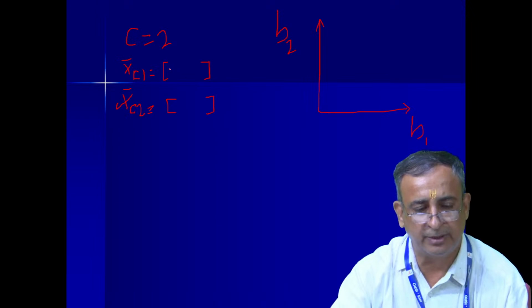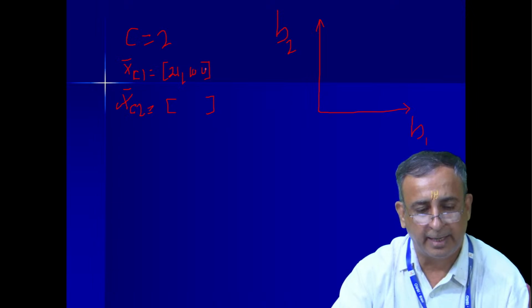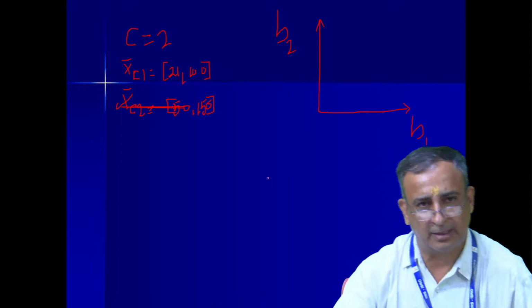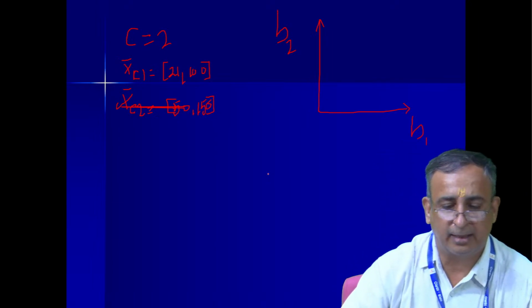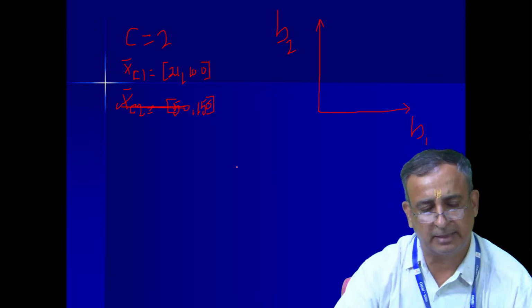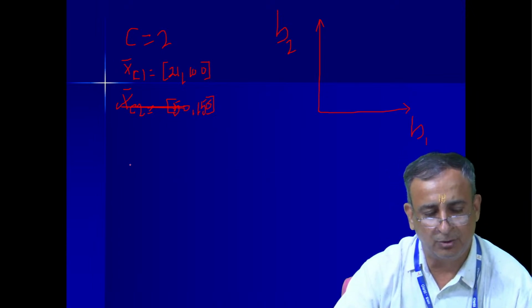You will have two values here. Suppose here you assume 21 and then 100, and here you can assume 50, and then maybe 150. So these two cluster centers you have assumed, and then you can start the algorithm. The algorithm basically uses the Euclidean distance, and you know the distance formula.